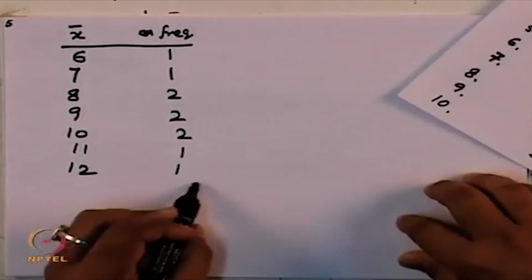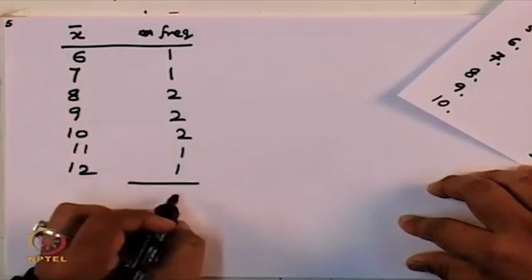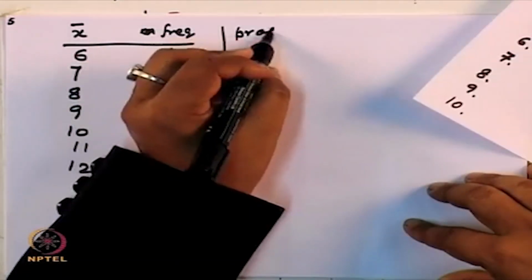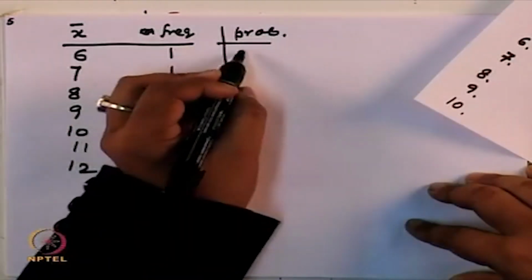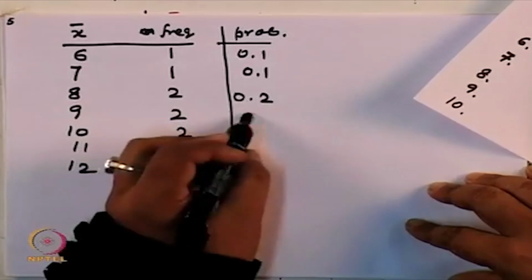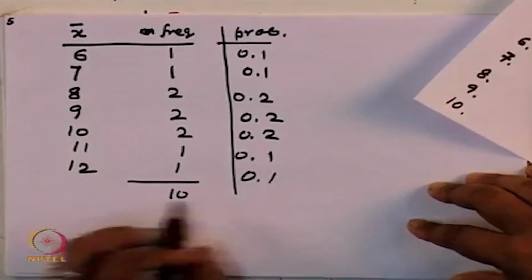The total frequency is 10. So, I can convert this into probability: 0.1, 0.1, 0.2, 0.2, 0.2, 0.1, 0.1.